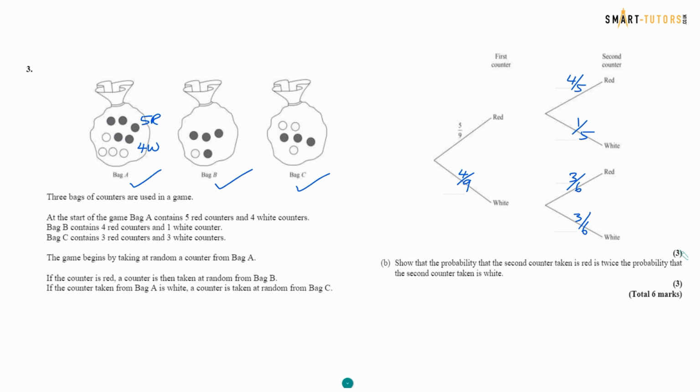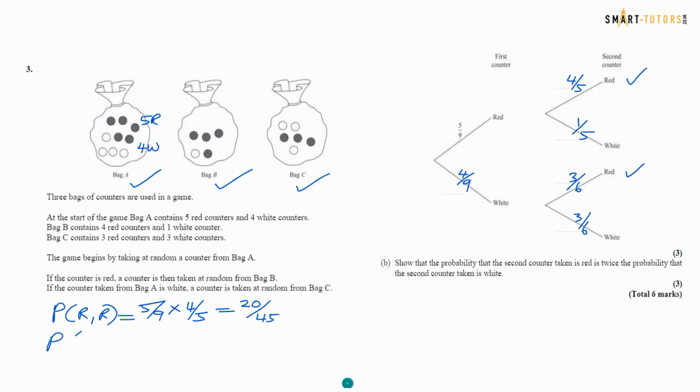Show that the probability that the second counter taken is red. So this one and this one. So I'm going to write here probability of red comma red is 5 upon 9 times 4 upon 5. Branch to branch you need to multiply. So 4 times 5 is 20 upon 45.